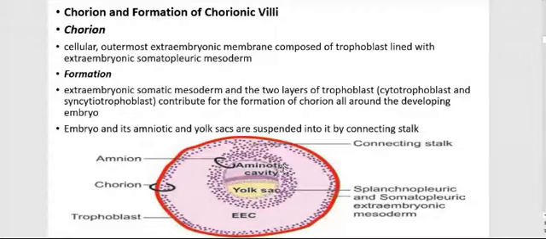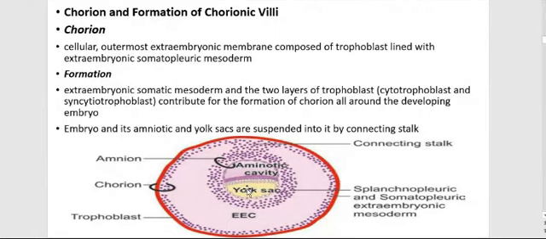And there was that part of the extra-embryonic mesoderm which lined the amniotic cavity, and it also lined the inside of the cytotrophoblast. This layer of the extra-embryonic mesoderm, we said, was called the somatopleric extra-embryonic mesoderm.